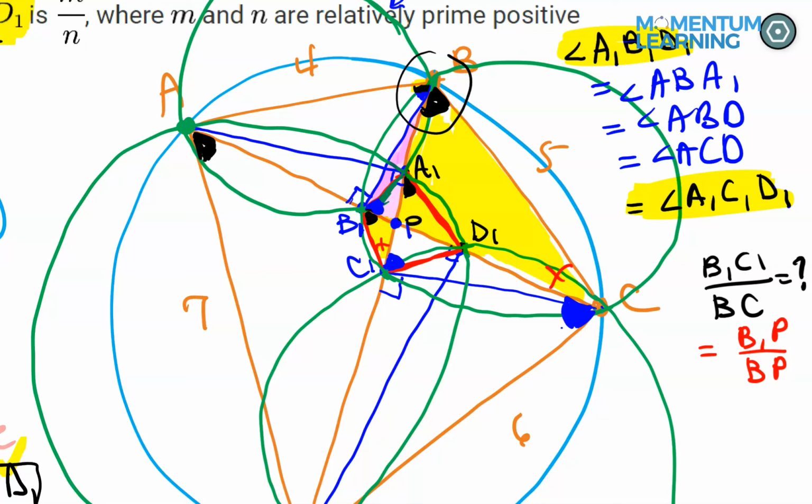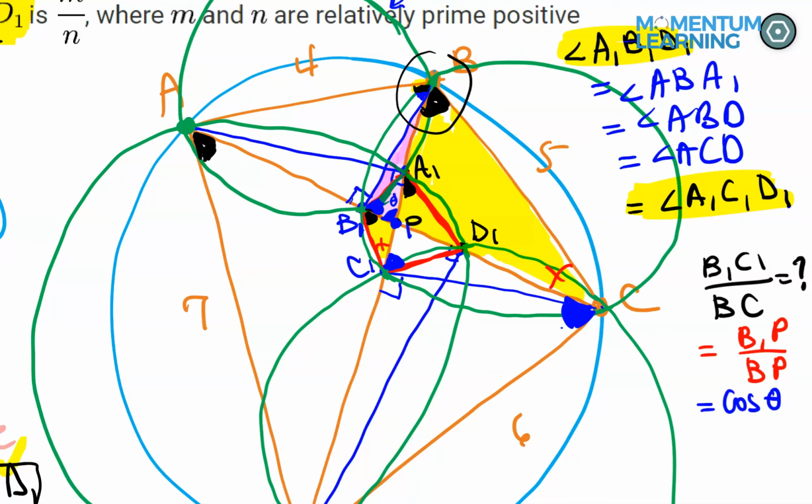So the ratio of B1P to BP is really, if you label the angle between the two diagonals, for instance, theta. So do you guys agree that if angle B1PB is theta, then it's just the cosine of that angle, cosine of angle theta? Does that make sense? And that's it.